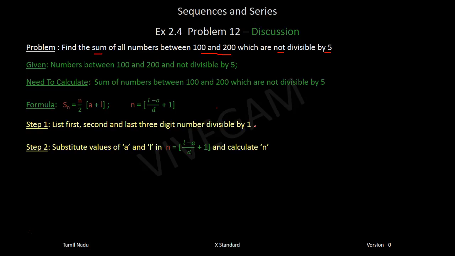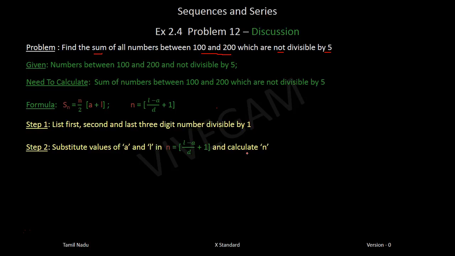So in this case, this is the first series. The series will be 101, 102, 103 to 199. In that series, find out A is 101, last number is 199, and calculate n. n will be (L minus A) by D plus 1. L is 199 minus 101 divided by D, which is 1 because it's divisible by 1, which means the common difference is 1.